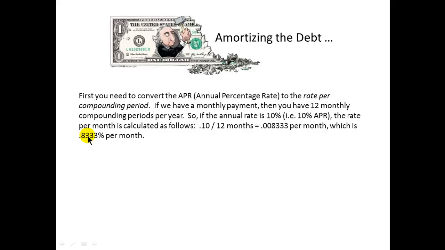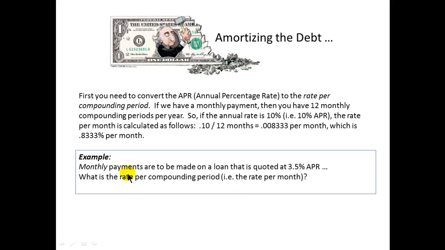And intuitively, that should be obvious, because if you had, let's say, a rate of 12% and it's a monthly loan, then your rate per compounding period would be very simple arithmetic, and it'd be 1% per period. So, for example, let's say we have monthly payments that are to be made on a loan that is quoted at 3.5% APR. What is the rate per compounding period?